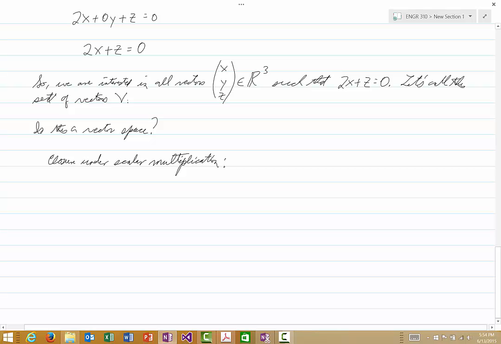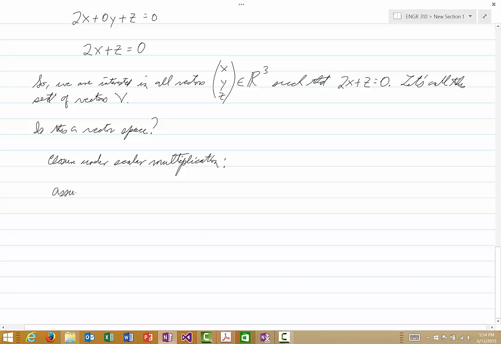So we're going to call the set of all vectors in R3 that satisfy the equation 2x plus z equals 0. We'll call that V. And we want to know now, is this a vector space? And so we check for closure under scalar multiplication in the following way.